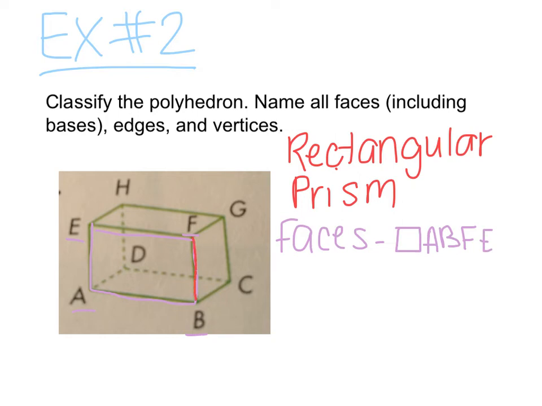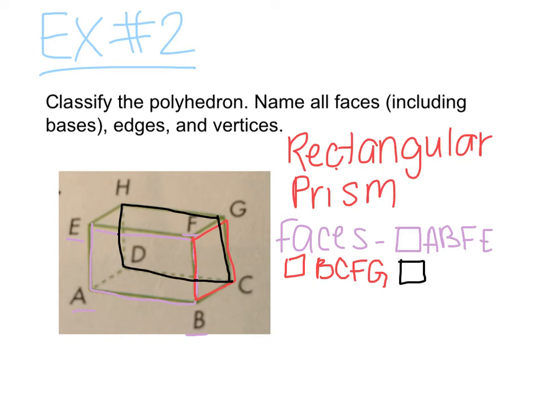Now we can do this side here, which is B, C, F, G. And we have the other side, if you were to flip it over. And for that, we have C, G, H, D. And then we have the other end right here, E, H, D, A. And then we have the top and the bottom.